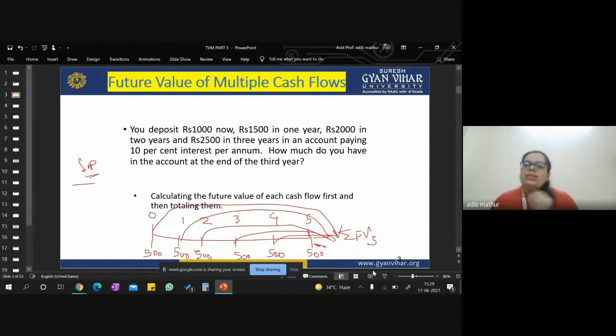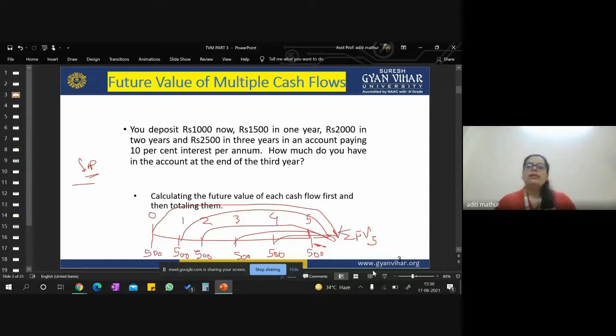So let us just assume one situation and try to solve it and understand the formula with that illustration itself. Let's assume that you have deposited 1,000 rupees now, 1,500 after 1 year, then 2,000 in the 2nd year, 2,500 in the 3rd year in an account paying 10% interest per annum, right?